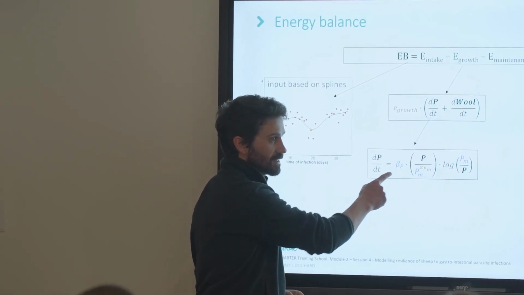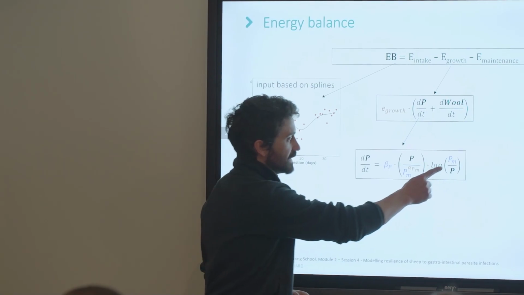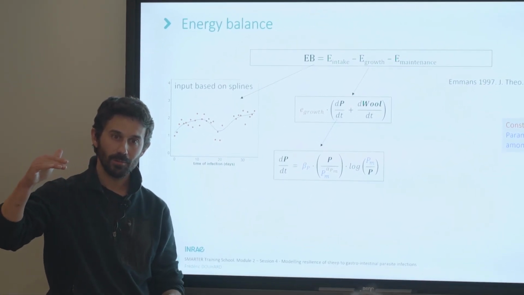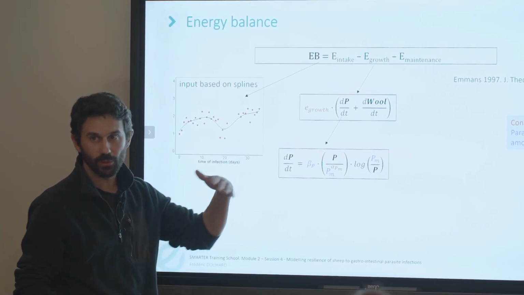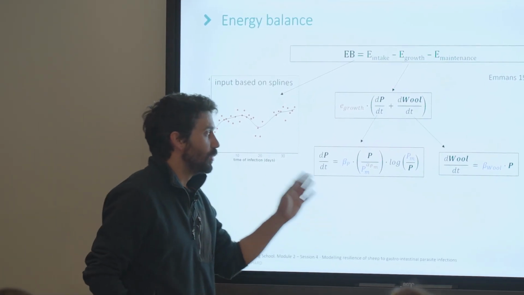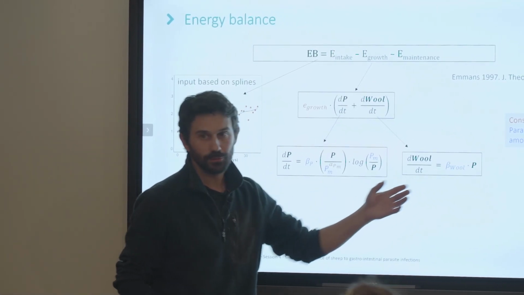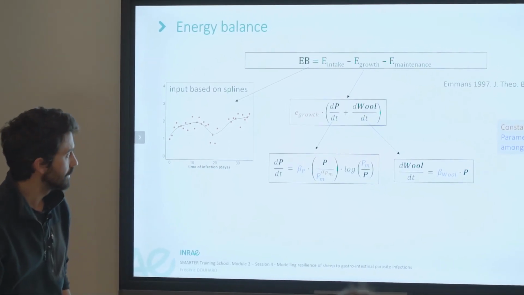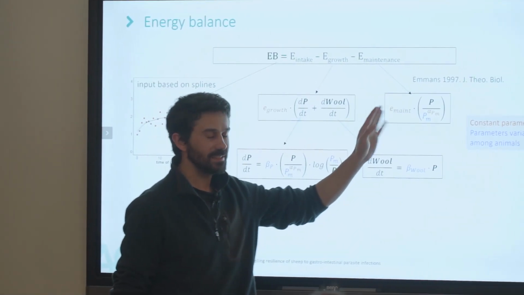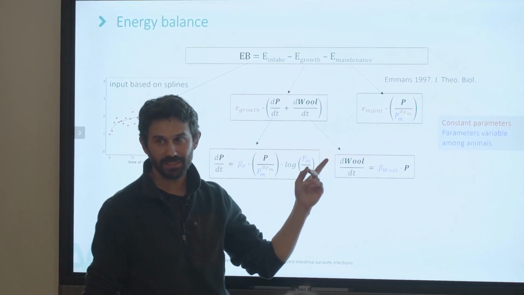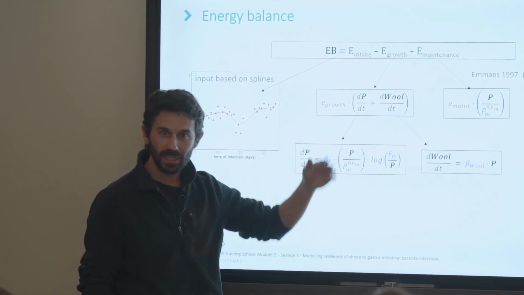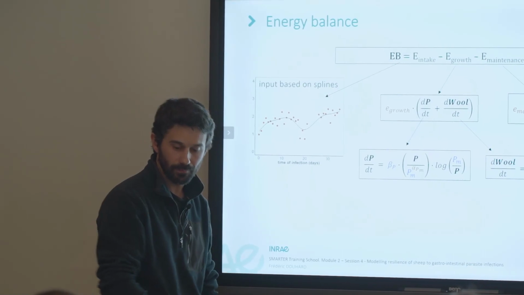It's this parameter that is the individual growth rate, and this parameter that is the protein at maturity, so the final mass of protein that the animal will reach when it will be an adult. Well, the wool is just a proportion of the protein, the wool growth rate, so we won't go further into this. And the maintenance is basically, more or less proportional to the protein mass. So the key thing here is that the protein growth is the driving force in this model.